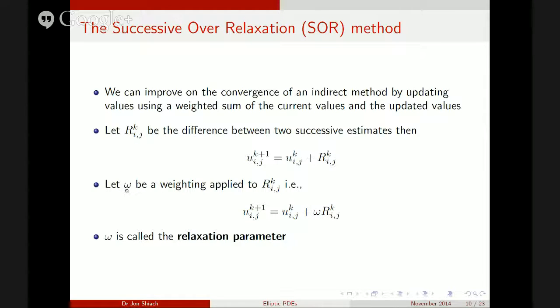This is what we call a relaxation parameter, and we apply it to the difference R. So our new estimate, the k+1 estimate, is the current estimate plus omega times R. That relaxation parameter is what we choose it to be. Every problem will have a different relaxation parameter. It's what's referred to as a tuning parameter. You choose it so it gives you the fastest convergence.